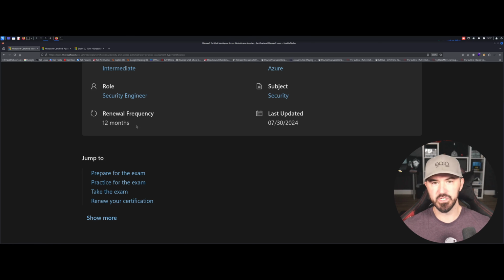I think 3 years should be key, but the way Microsoft changes and updates everything, obviously every year is what they want, right? The last time this exam was updated was 7/30, so it's almost a year ago that this exam has been revised, right?